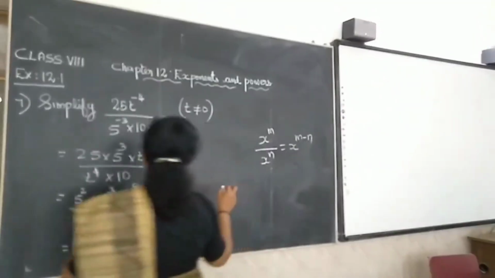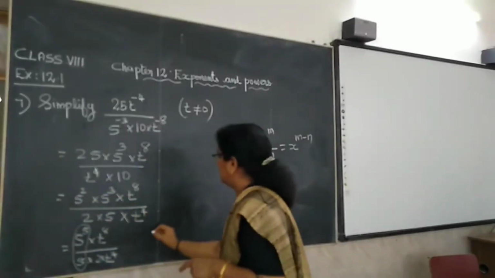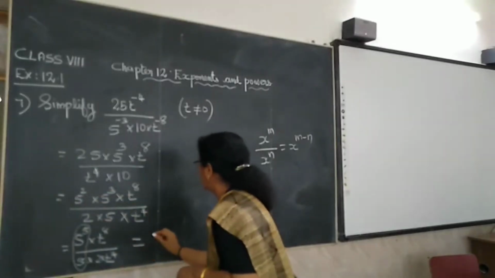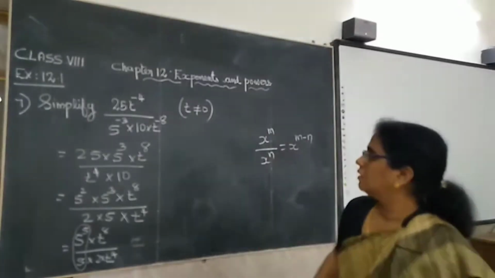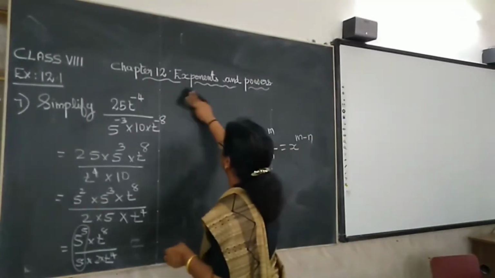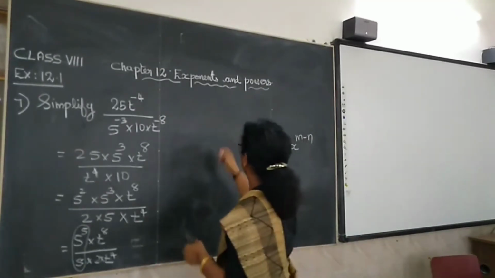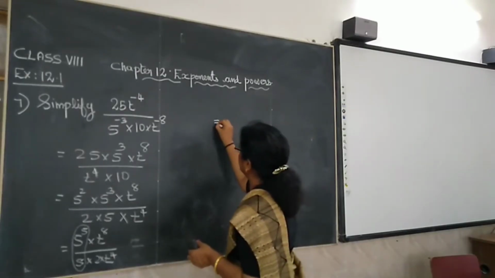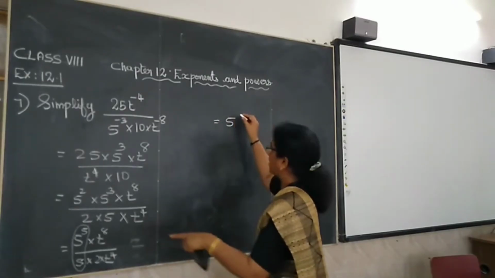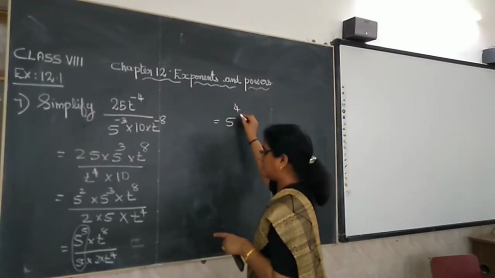So here we can write, that is equal to 5 raised to 5 minus 1, that is 5 raised to 4.